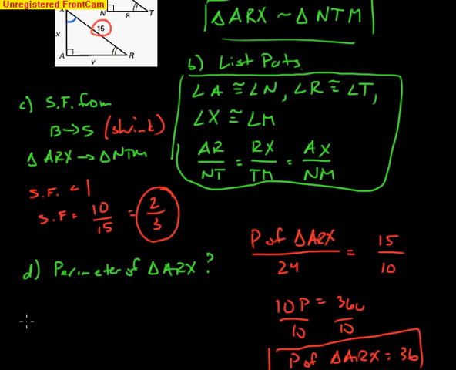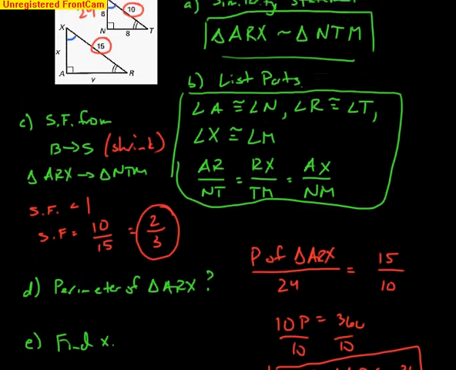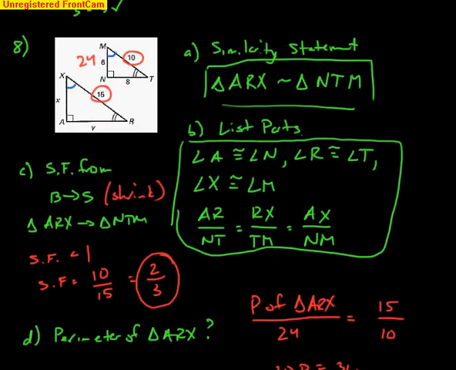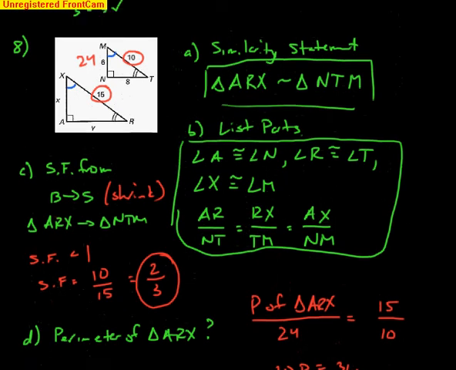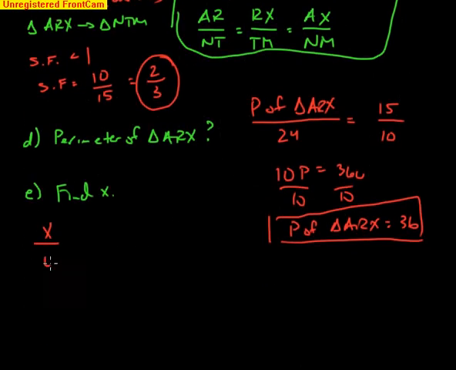Okay, and then one more problem. We squeeze it on right here. E. Let's just find X real fast. All right. Well, let me look at the picture, and I'll keep scrolling up and down. X is here. It corresponds with MN, 6.